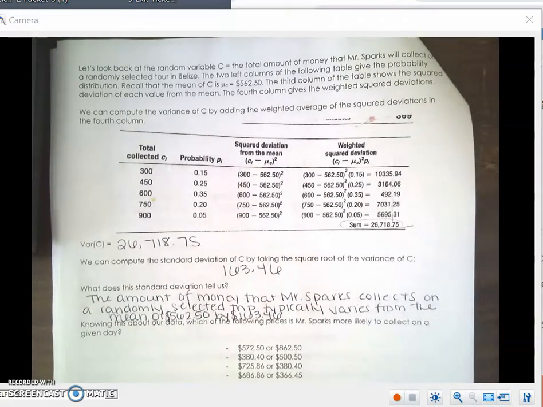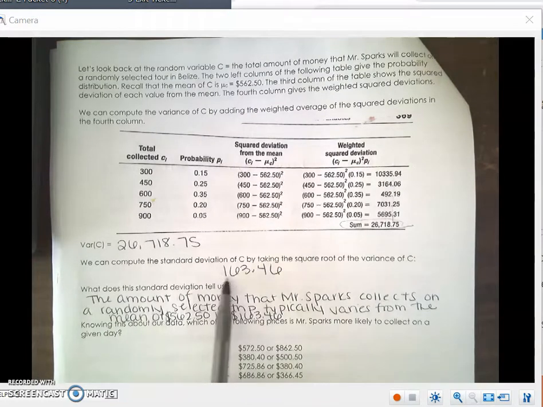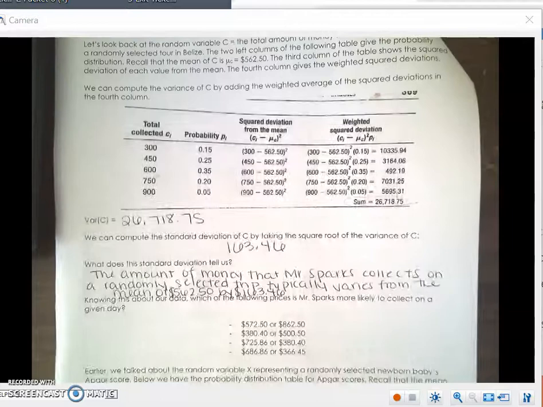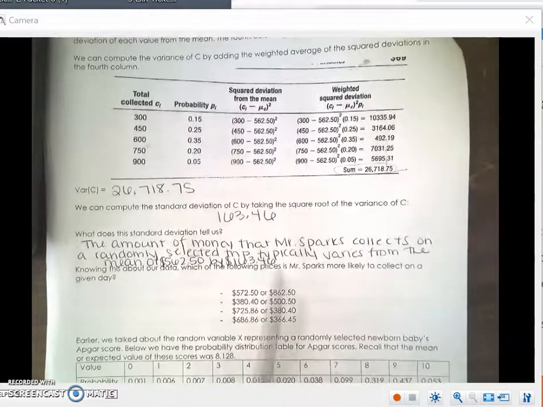So remember, the standard deviation is how far away you are from the mean. So if we get a standard deviation of 163.46, that tells us that we typically vary from the mean that much.